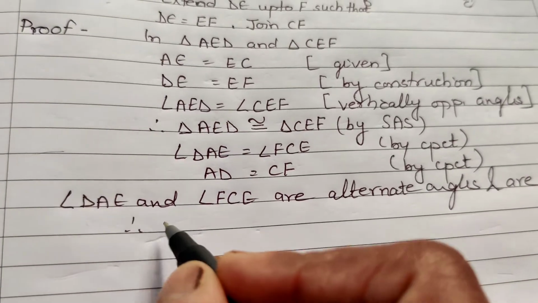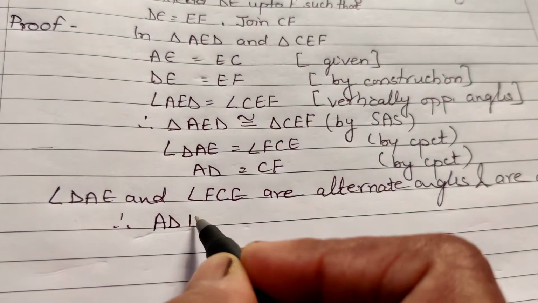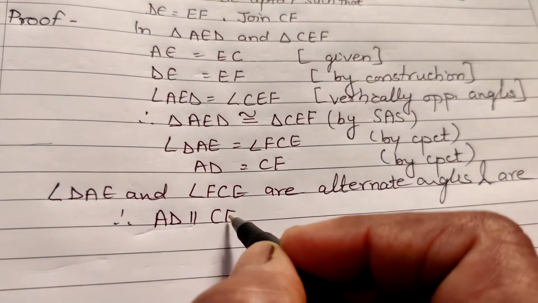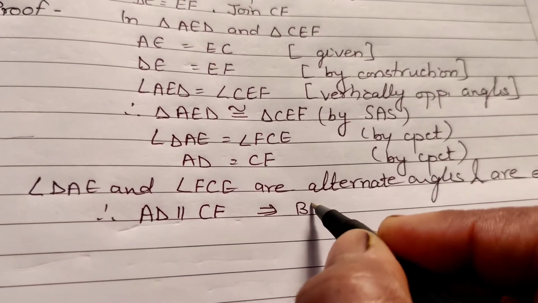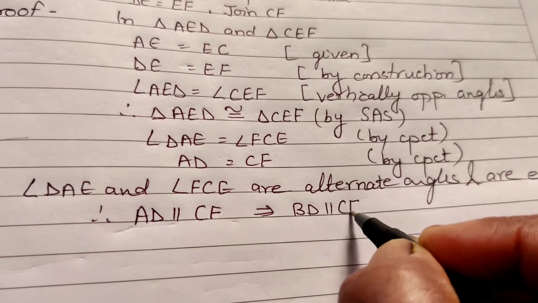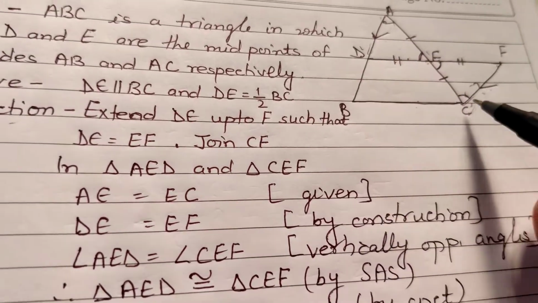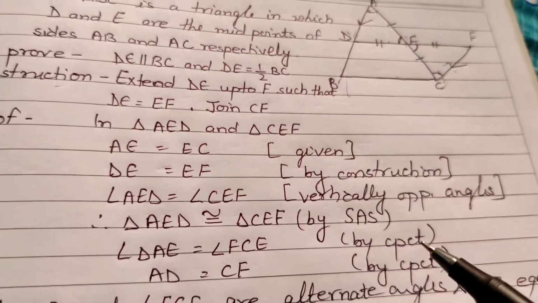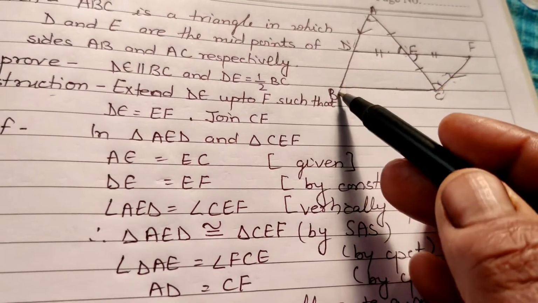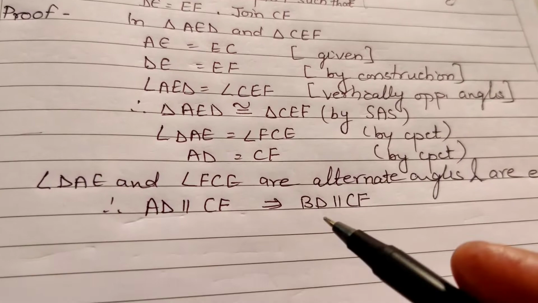Therefore, AD parallel to CF. It means BD, the whole line, is parallel to CF. If AD is parallel to CF, it means AB is parallel to CF, so BD parallel to CF.